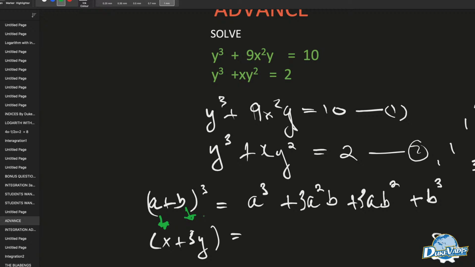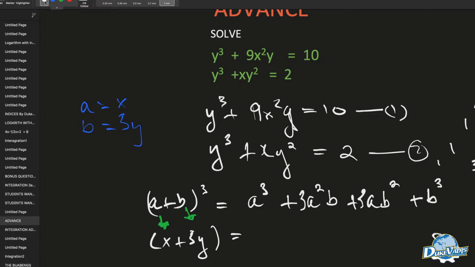In short, by inspection, our a is equal to x, for instance, and our b is equal to 3y. If we assume that, then we are making our headway. Okay, now let's see.